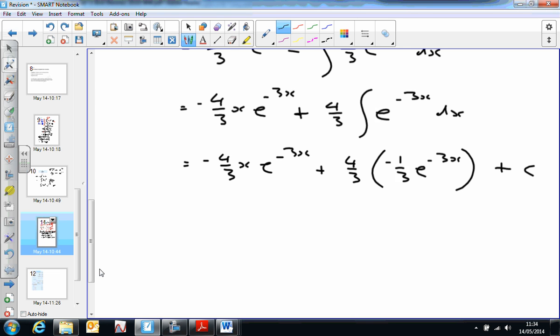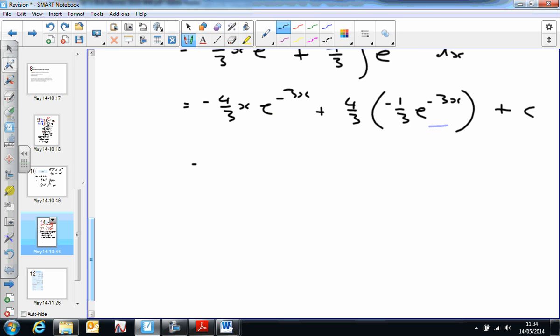You could tidy up algebraically here, and there's no harm in doing that, and as far as the exam is concerned, I could combine these two fractions here to get minus 4/3 and 9, but if you leave it like this, you can see that the 4/3 is common to both, as is e to the minus 3x. So I could take those outside the bracket and tidy right up.